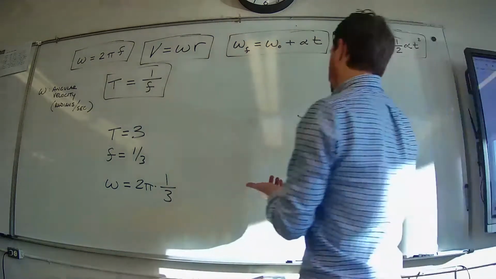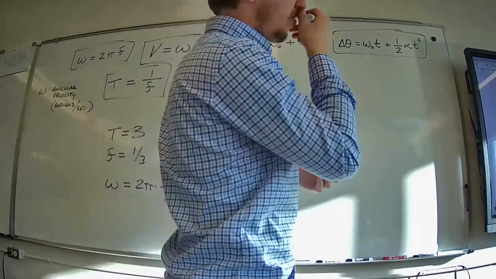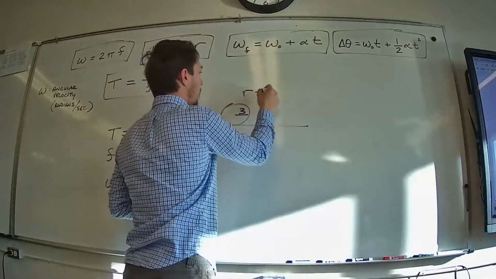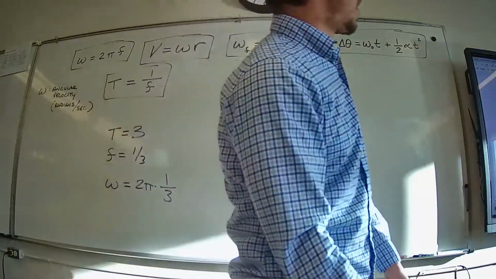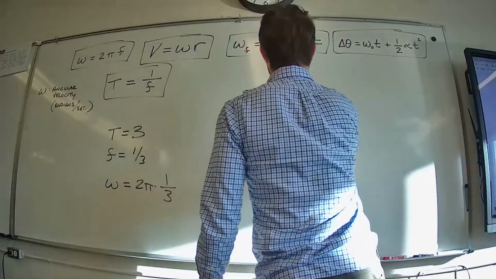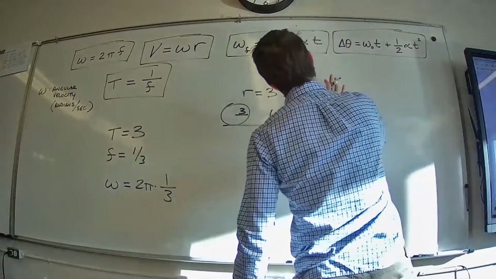So let's again draw a picture and then list out what they tell us. They told us the radius. Great, the radius is 3. They told us the angular velocity. Great, the angular velocity was 10. Just 10, not 10 pi.